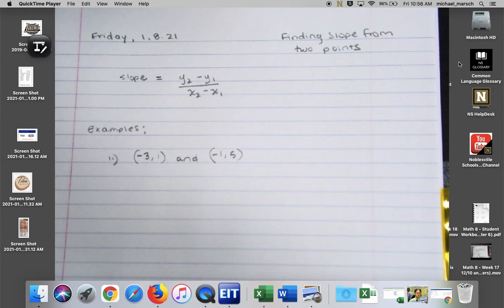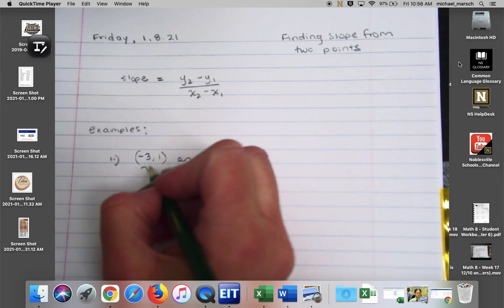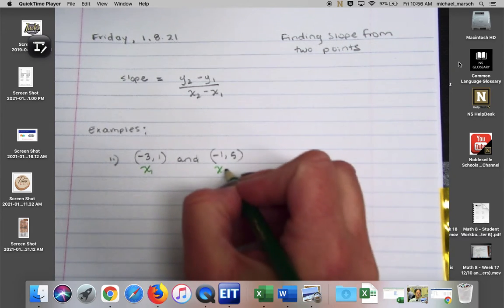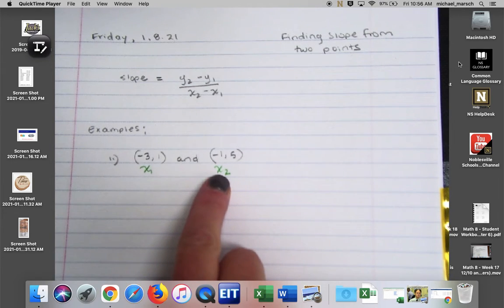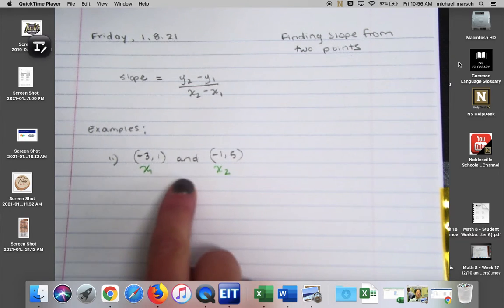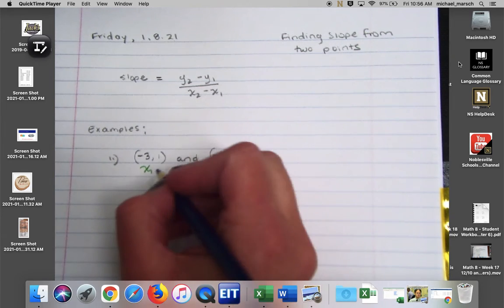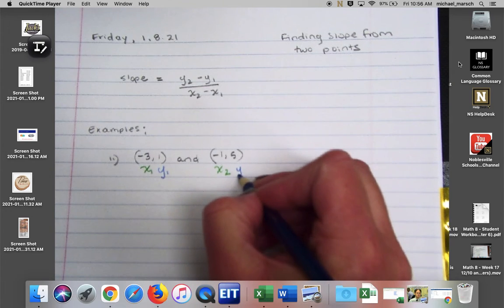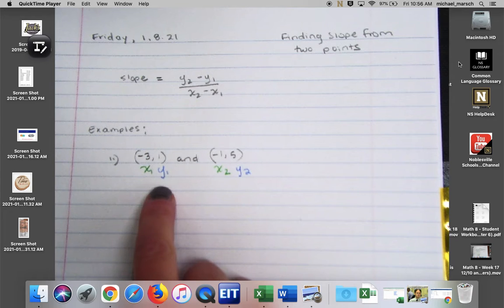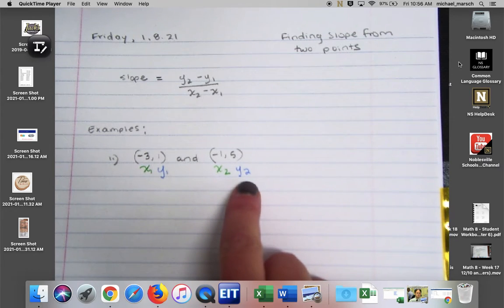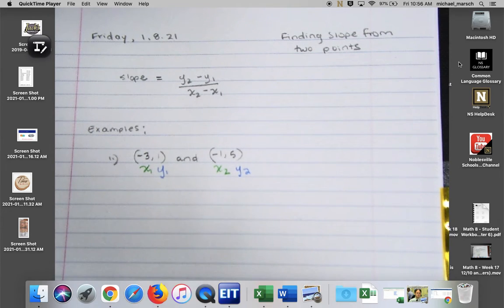I'm going to use green for my x's. You're going to write x1 and x2, because this is our first ordered pair, so this is x1. This is our second ordered pair, so this is x2. That's what the 1 and the 2 stand for. And then we're going to have y1 and y2. Again, this is my first ordered pair, so that's why it's called y1. This is my second ordered pair, that's why it's called y2.